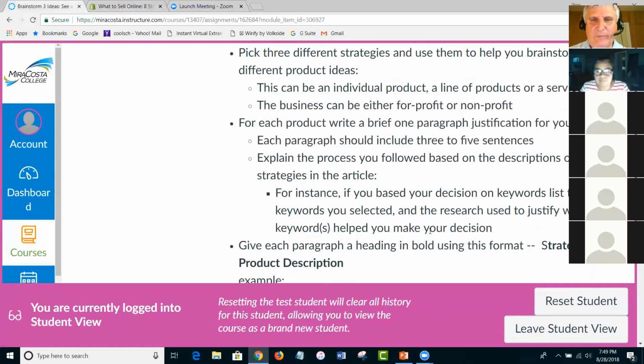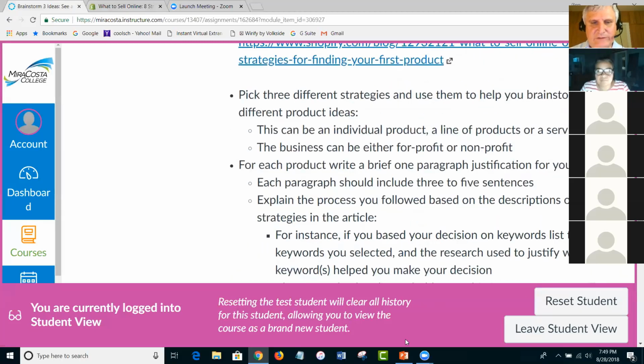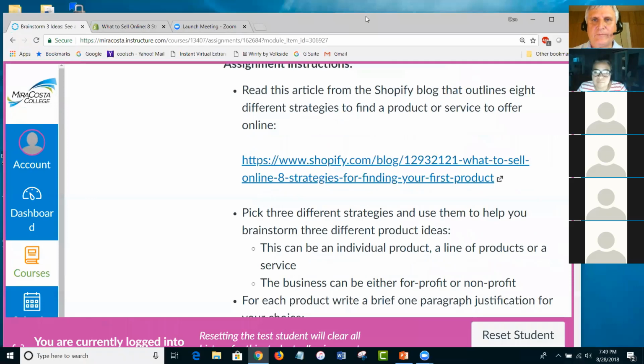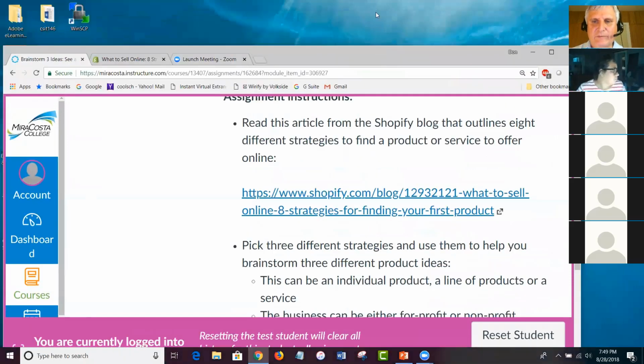I want you to pick 3 of the strategies. Let's see if I can make this fit the space better.